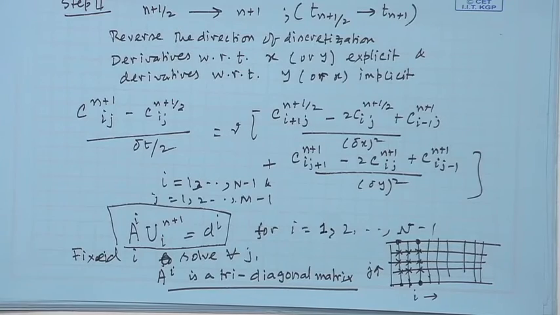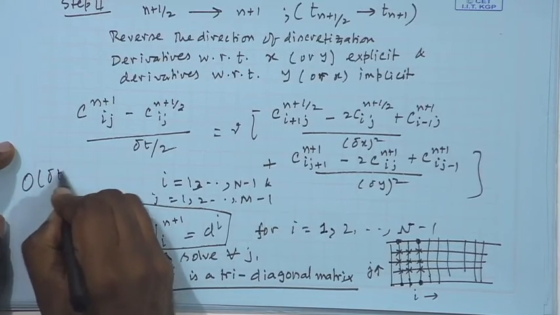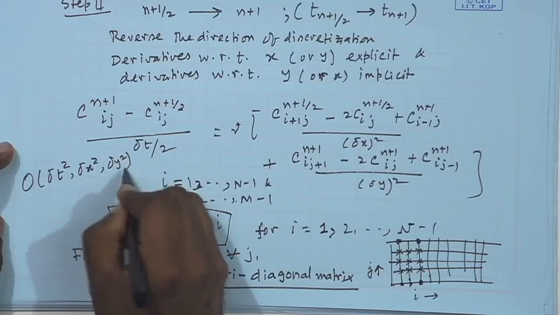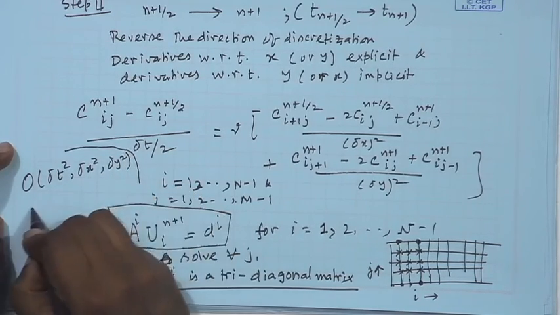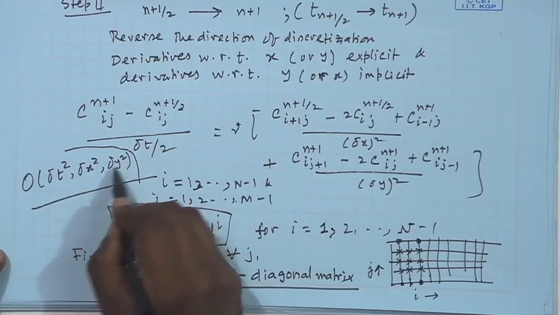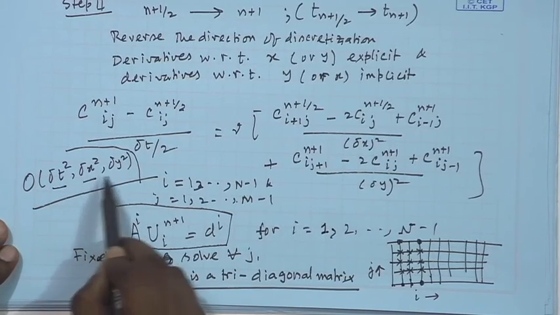So, that is the way, and the order of accuracy is again Δt square, Δx square, Δy square, because this is nothing but a variation of the Crank-Nicolson scheme. So, this is second order accurate in both time and space variables. Okay, so that is it about the numerical scheme. Thank you.